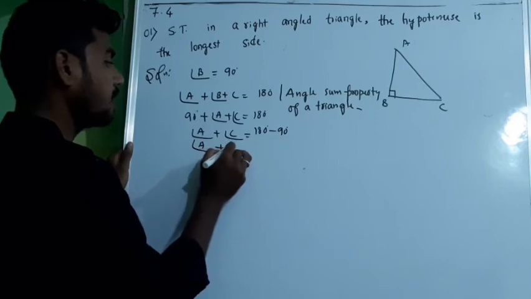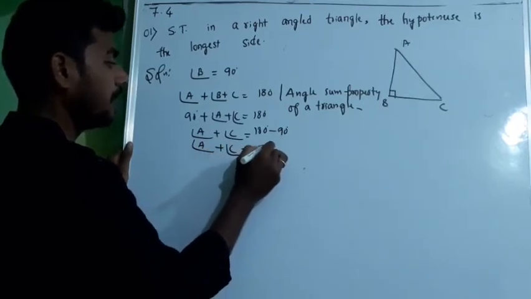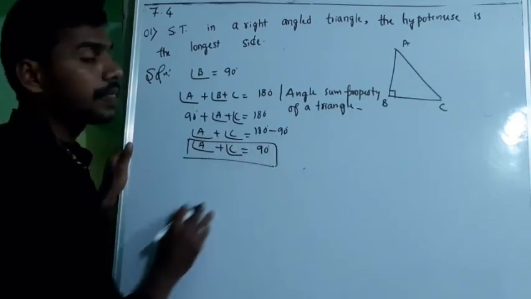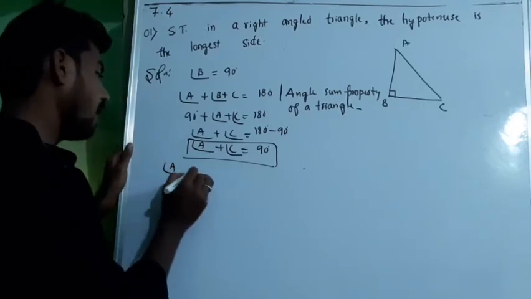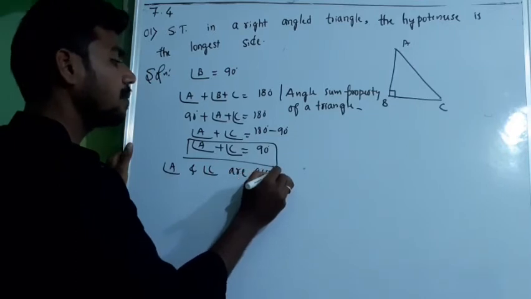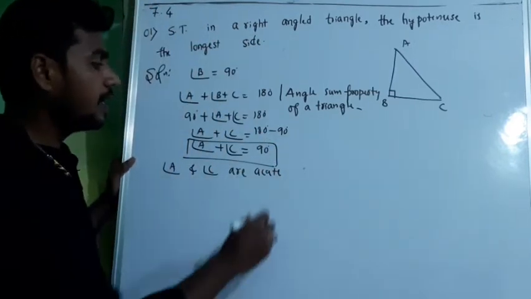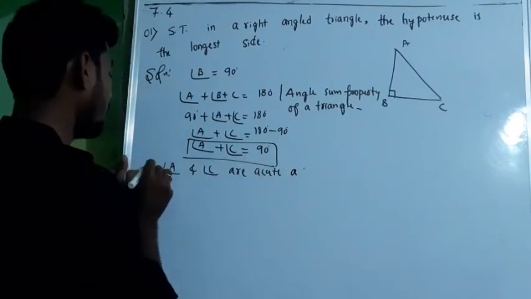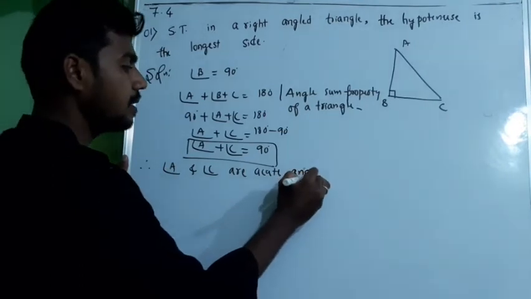Angle A plus angle C is equal to 90 degree. What does it convey? So angle A and angle C are acute angles. Acute angles means angles which are less than 90 degree. Therefore angle A and angle C are acute angles.